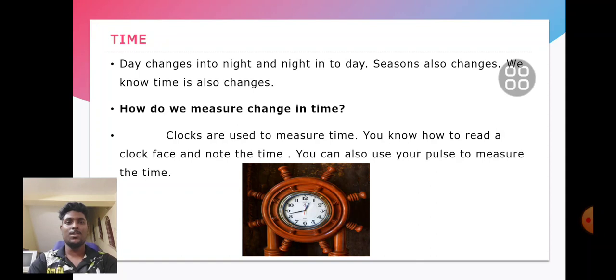And how do we measure change in time? Clocks are used to measure time. You know how to read a clock face and note the time. You can also use your pulse to measure time, like our body pulse.